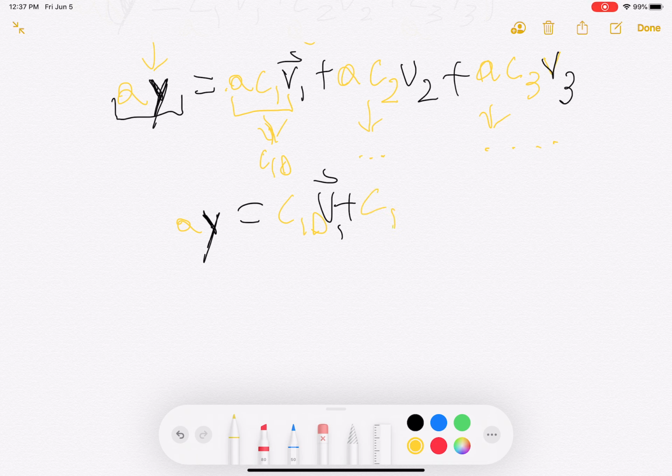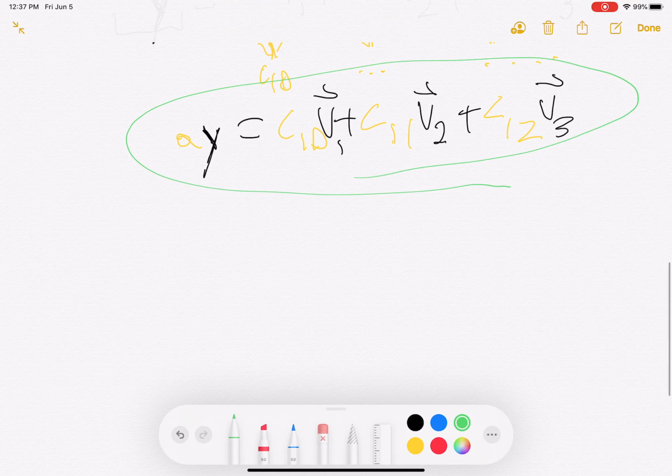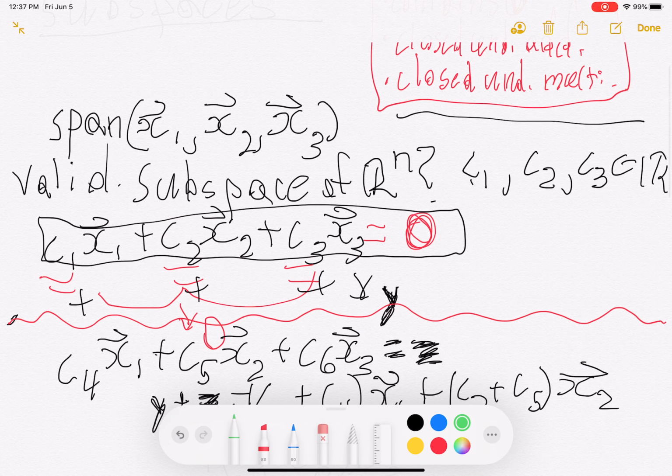Sorry, I'm still getting used to this kind of color coding. And now this equation here is obviously just a member of our span.